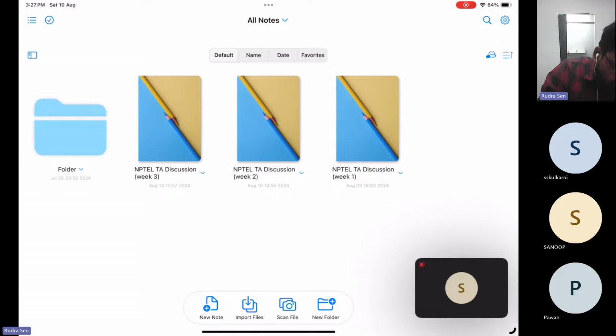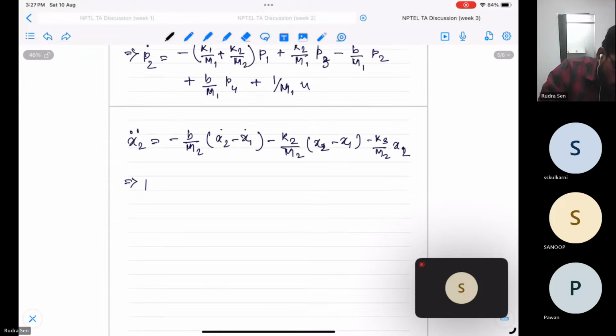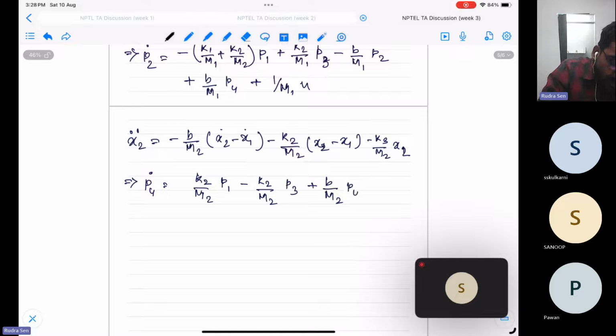So what we get, p4 dot is equal to k2 by m2 into x1, x1 means p1, minus k2 by m2 x2, x2 means p3, plus b by m2 x1 dot, which means p2, and minus b by m2 x2 dot, which is p4, and minus k3 by m2 x2. So this is minus (k2 by m2 plus k3 by m2) into p3.